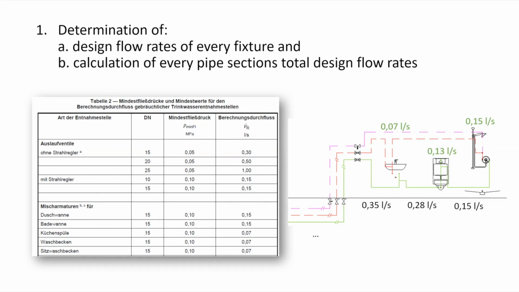So we always have to implement 2 figures: a design flow rate at a certain minimum available pressure at the fixture.